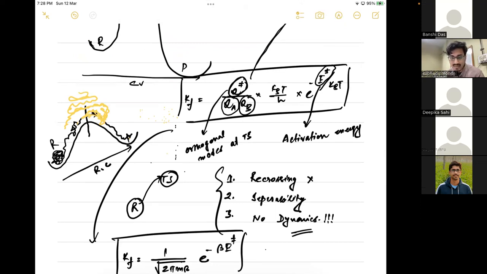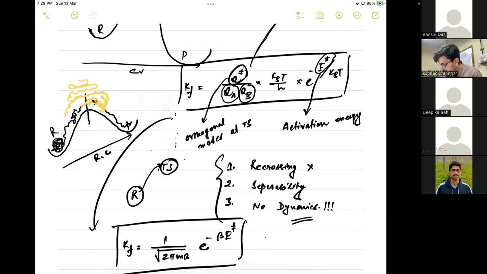Okay, got it, because we are overcounting these. For this trajectory, the reaction is happening at this point, according to TST. Again it can recross here, and then again it can recross here, right? Once it has crossed, we are not interested in the trajectory dynamics.